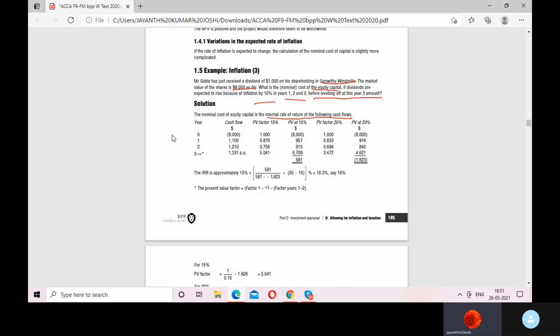Because that is the rate at which your NPV will be exactly equal to zero, correct? Yes, sir. That is the break even. That is the minimum cost of nominal capital that you want. Minimum is nothing but break even.